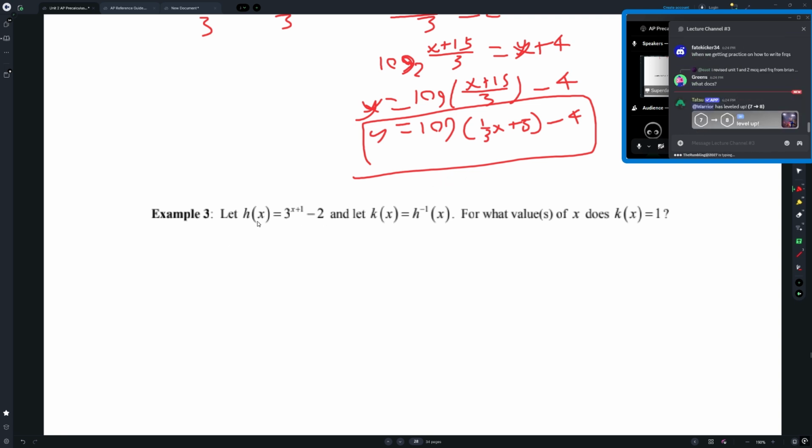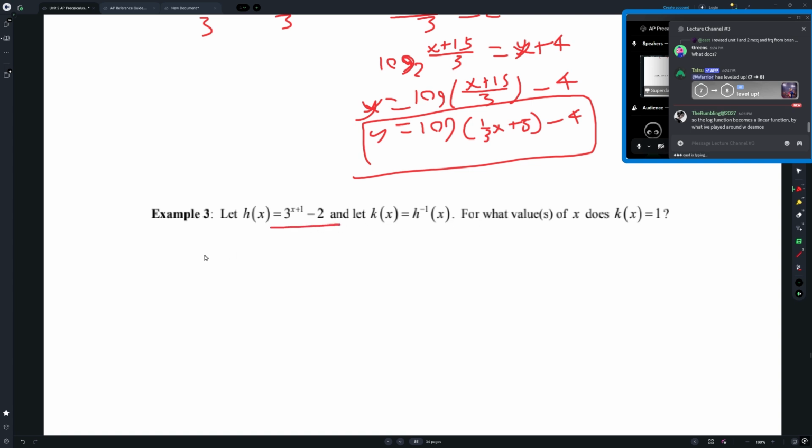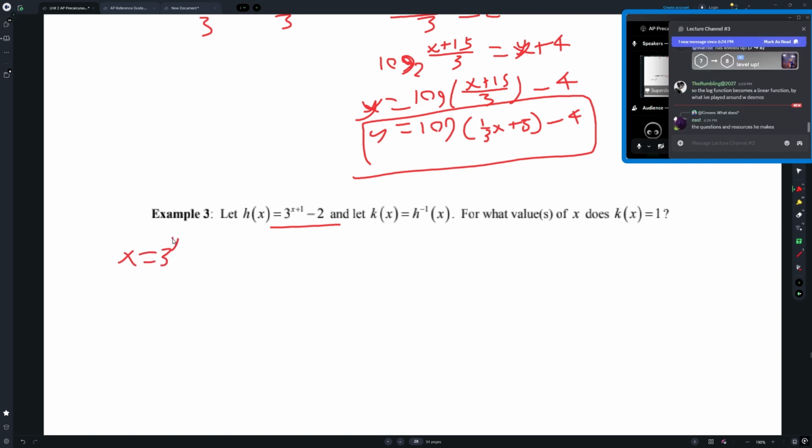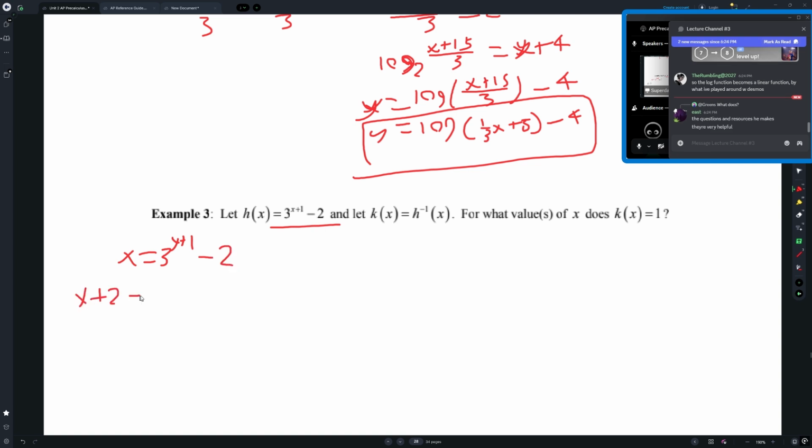So first of all, you have to find the inverse first. So x is equal to 3^(y+1) minus 2, so x plus 2 is equal to 3^(y+1). Then do the log converting property.